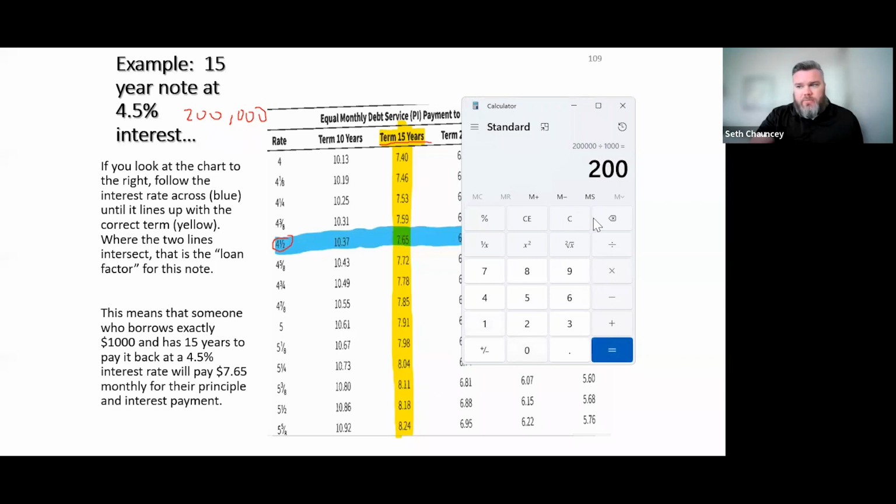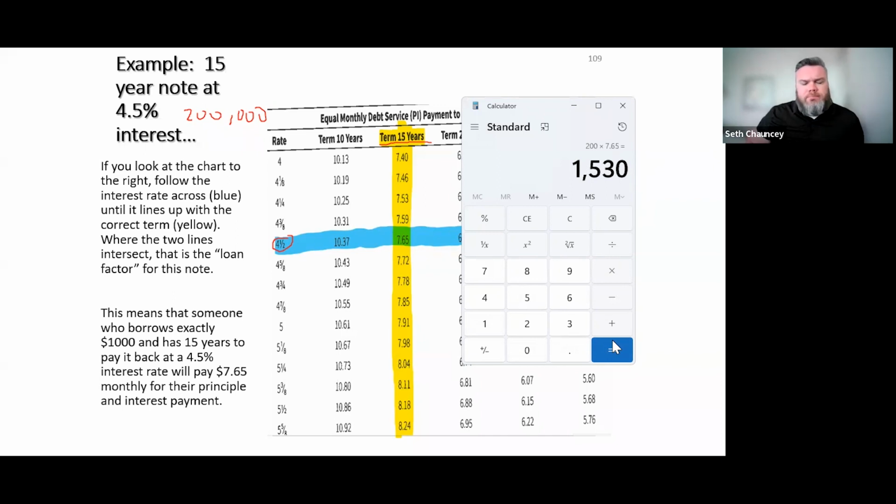In other words, divide by 1,000. So you would have to pay $7.65, 200 times each month. Or in other words, 200 times $7.65 is $1,530. So to fully amortize $200,000 over these loan terms, your principal and interest payment would be $1,530.